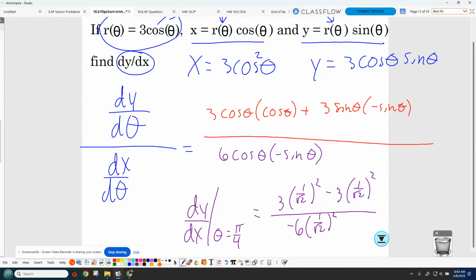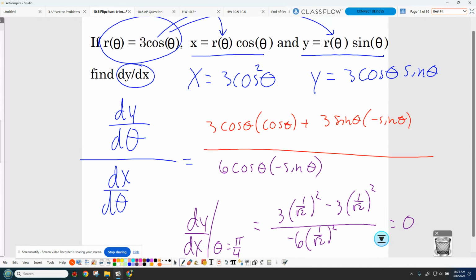What would you get? Sadie, would you get? Zero. As the numerator goes away, the denominator's not zero, so zero, it's going to be a horizontal tangent.